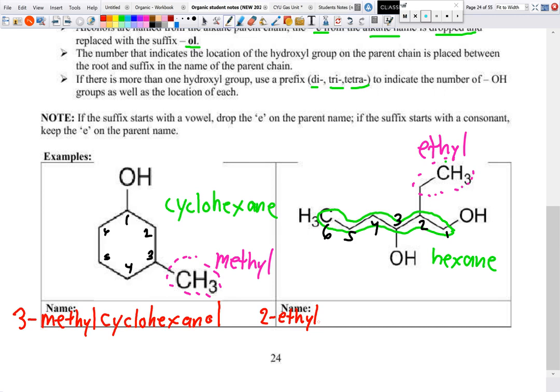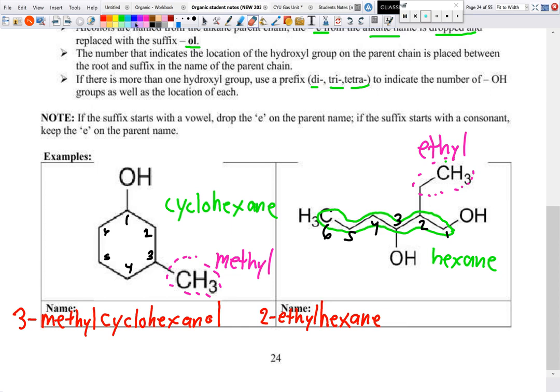All right. Now, when we are labeling our longest continuous carbon chain, we name it like it is a normal alkane. So we have hexane. Now, normally we would drop this E and add OL. However, we do need to put in where these hydroxyl groups are located.